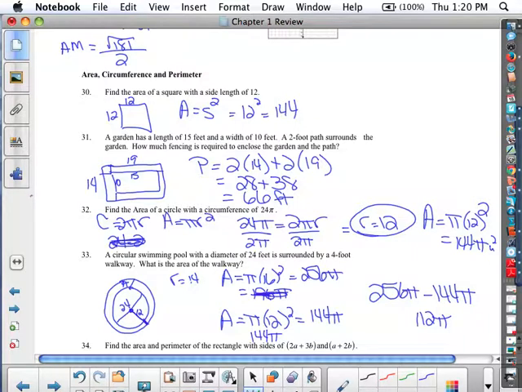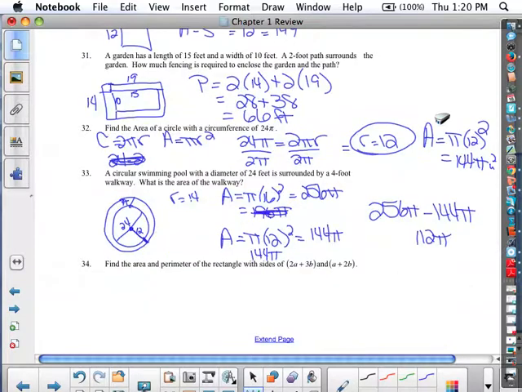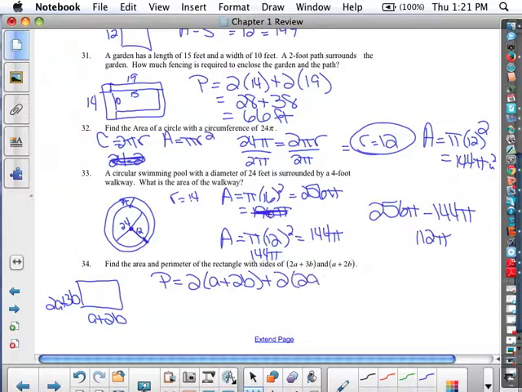Okay, only 2 more and then we will be finished with this. 34, find the area and the perimeter of a rectangle with side lengths of 2a plus 3b and a plus 2b. So the perimeter, remember, is 2 times the length, a plus 2b, plus 2 times the width, 2a plus 3b. So this becomes 2a plus 4b plus 4a plus 6b.